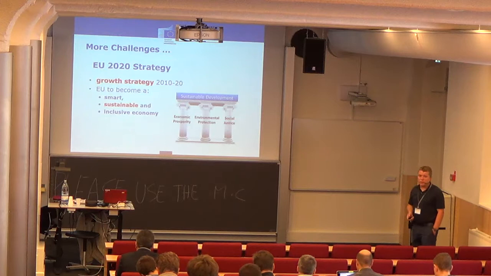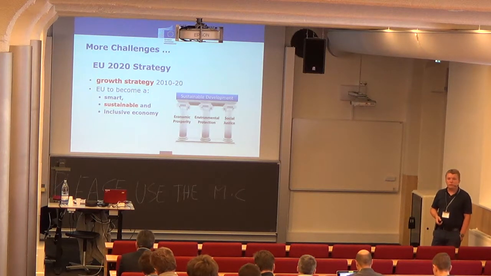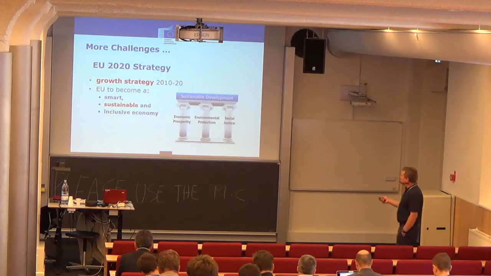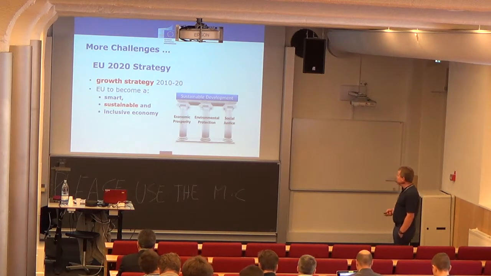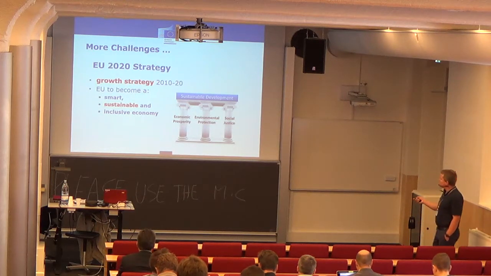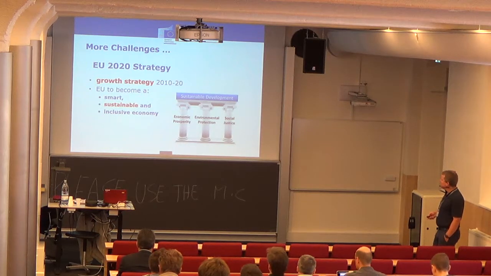And there are more challenges which we would also like to support and help with through Inspire. There is the EU 2020 strategy, which is a growth strategy for the period from 2010 to 2020. The objective is for the European Union to become a smart, sustainable and inclusive economy.